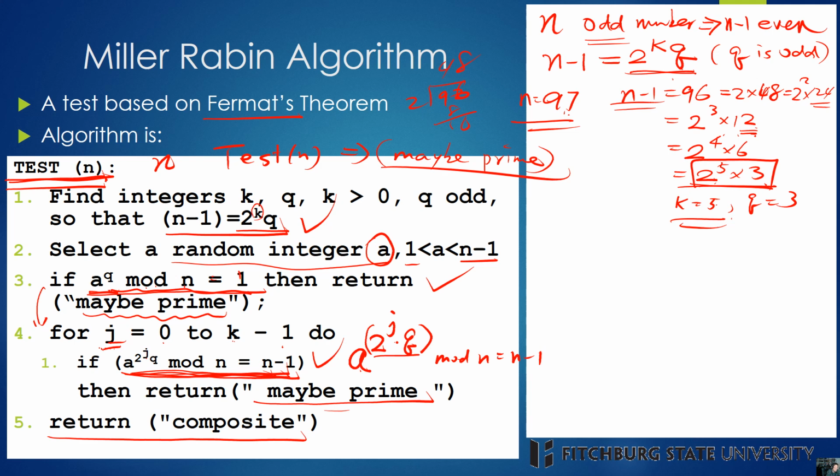The only thing I can say is that there's still a chance that this is a prime. In the next slide I'm going to tell you that every time the test of n is successful for an integer a, the chance that this n is a prime increases.